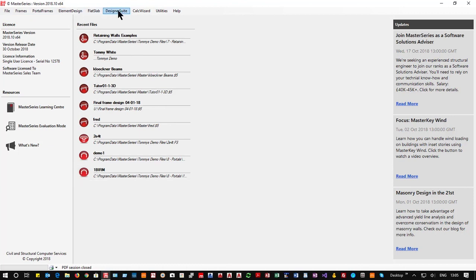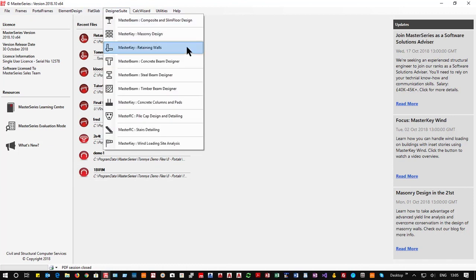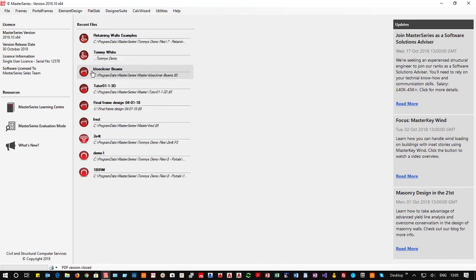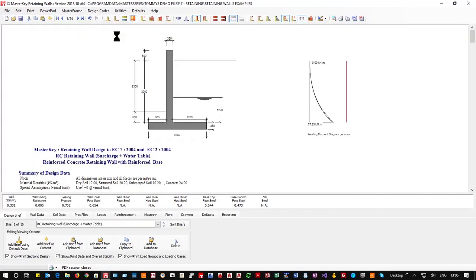So we can either choose to go straight to retaining walls from here, or we can just choose it from an existing file. So I'm going to go into some existing files very simply, and here we go, our first retaining wall.